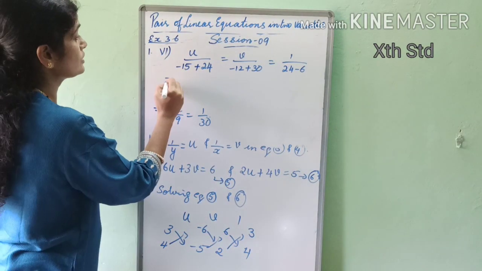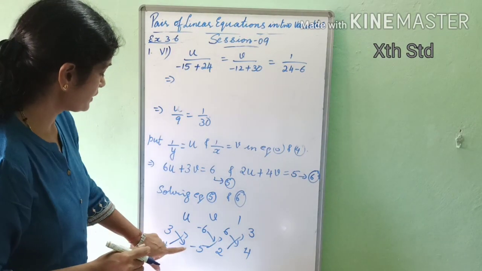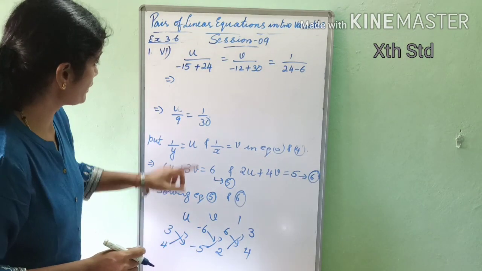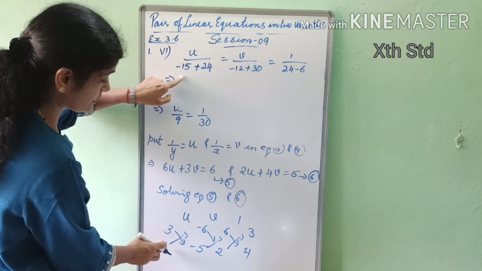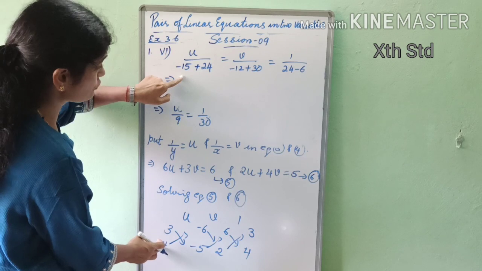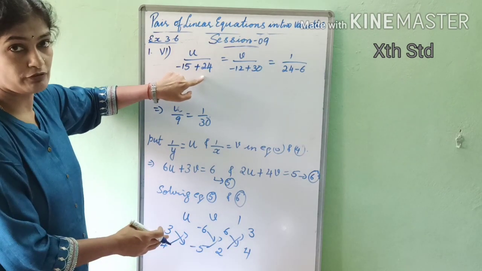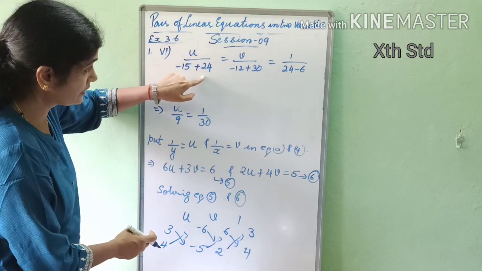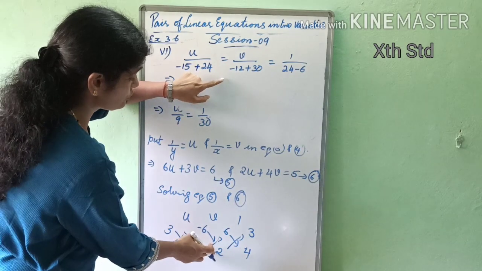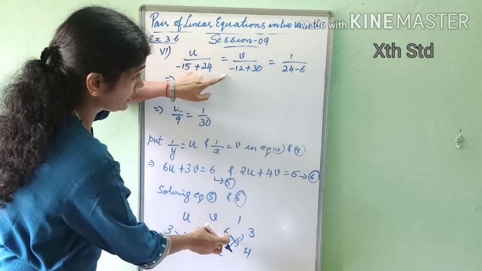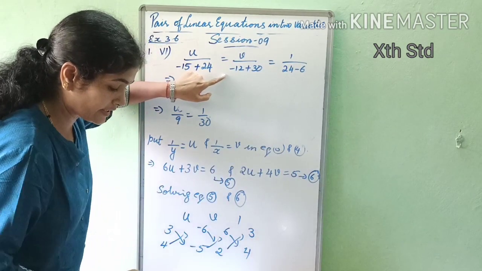So this is 3 into 5, minus 15, correct? Checking once again, minus 6 into 4, 24, minus of minus becomes plus here. Then here minus 6 into 2, 12, then plus 30, then this 24 minus 6, fine.